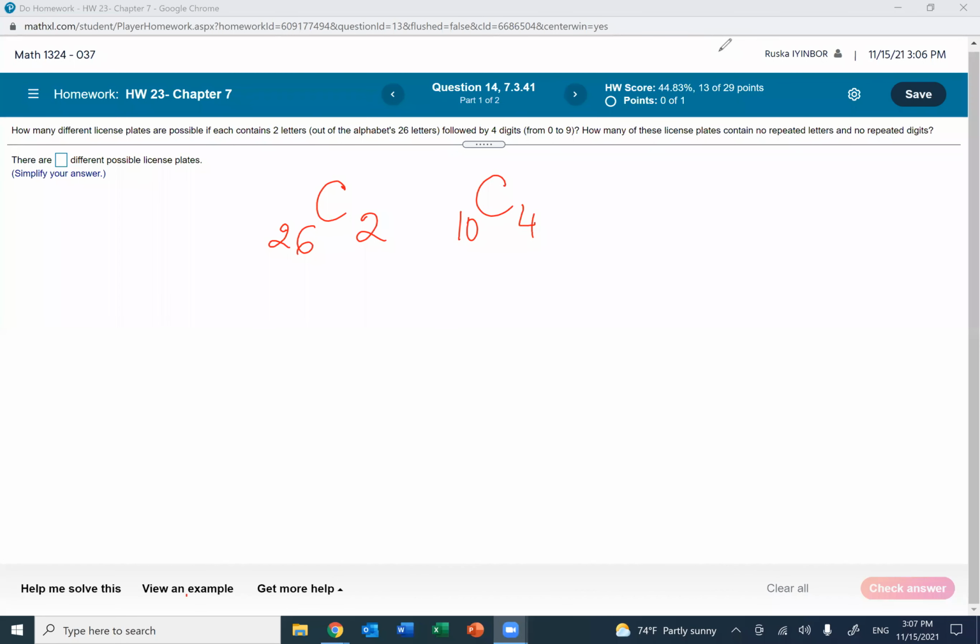First you're going to start with the letters. So 2 letters picking out of 26. So it's going to be 26 times 25, and that's going to give me whatever number we get. And then for the second part, because we can repeat those 4 digits, technically I'm multiplying by 10, 4 times, because you're picking 4 out of 10. When I multiply those numbers, that should be my answer.